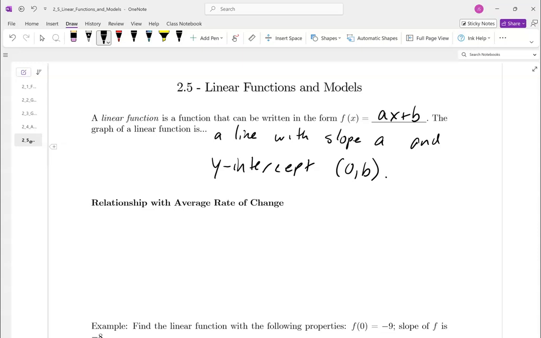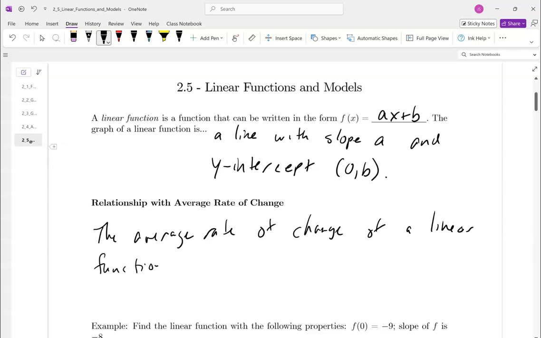We just finished up the section on average rate of change, and we already talked about this. How does the average rate of change for a linear function relate to some piece of that linear function? What is the average rate of change equal to? It's the slope, right? So the average rate of change of a linear function on any interval, doesn't matter what the interval is, is equal to the slope of the line.